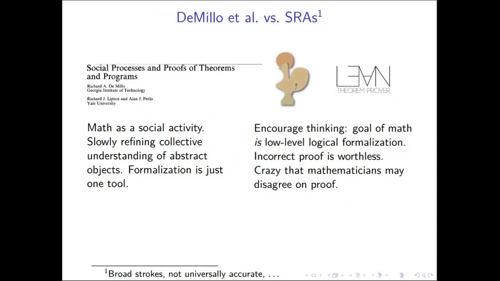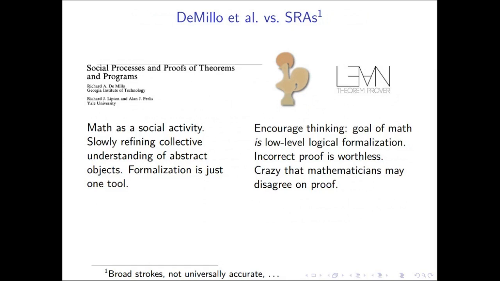You kind of see this, in that a lot of times, if the proof doesn't work, it just doesn't work, right? There's not a great notion of an incorrect proof that's still interesting or useful. And a lot of times, in motivating these tools, people say that it's crazy that mathematicians have some proofs they just can't agree on, right? There's this notion that proof should really be just this easily machine checkable thing.